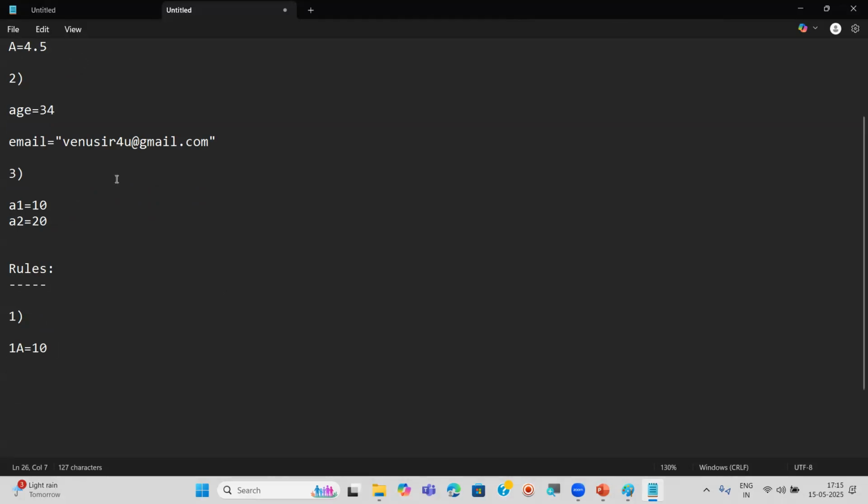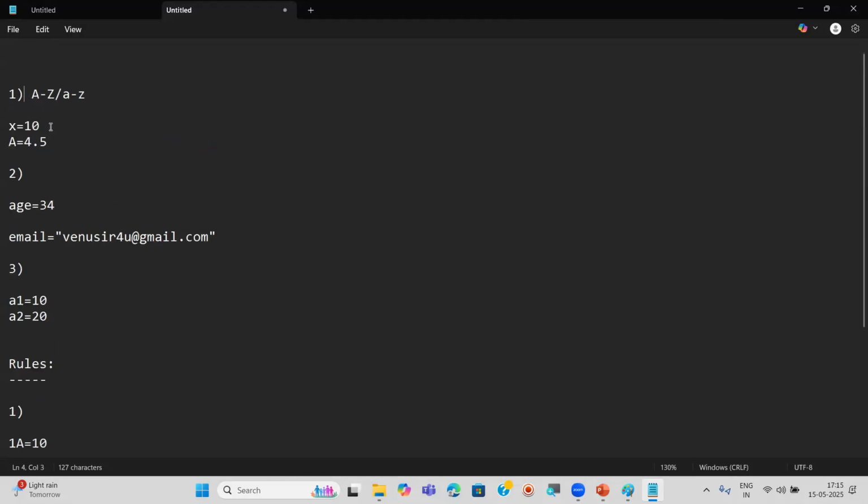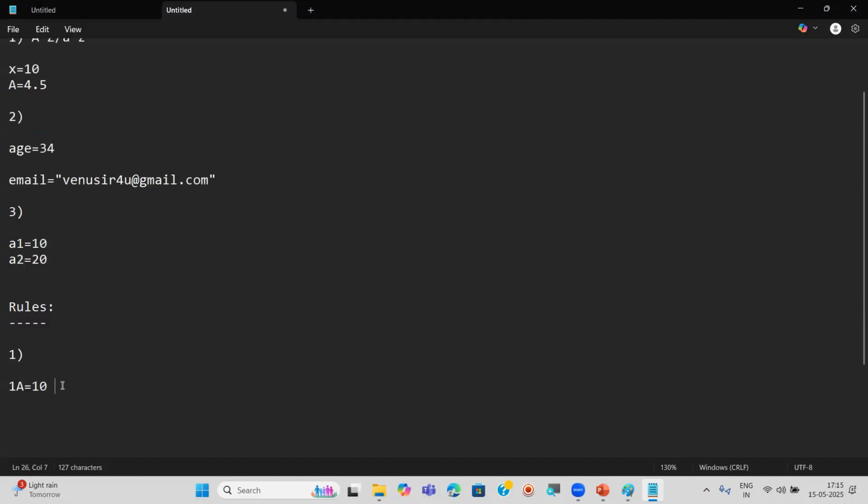Even though in the above point I said a variable can be represented using alphanumeric values, you should not start with a number. You can use a number later, in the middle or at the end, but not at the start. This is invalid, but a1 equal to 10 is valid. This is the first rule.